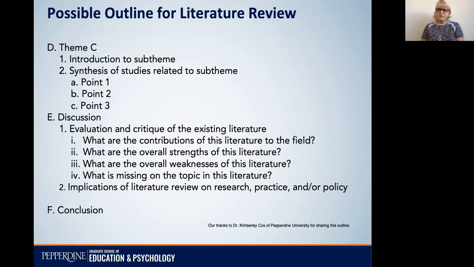And you might say, what is missing? What is strong in the literature, what were maybe some of the research variables, that kind of thing. And then you'd briefly conclude your literature review by stating your main points and kind of moving forward from there.